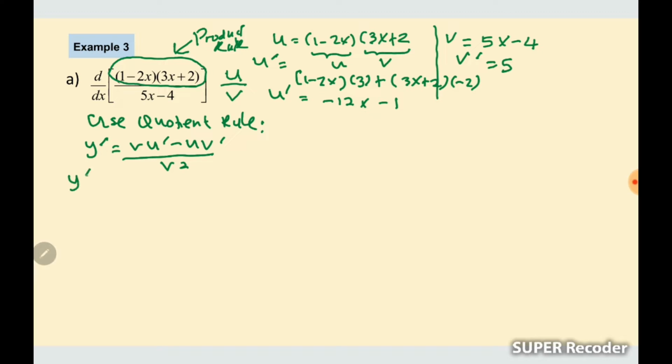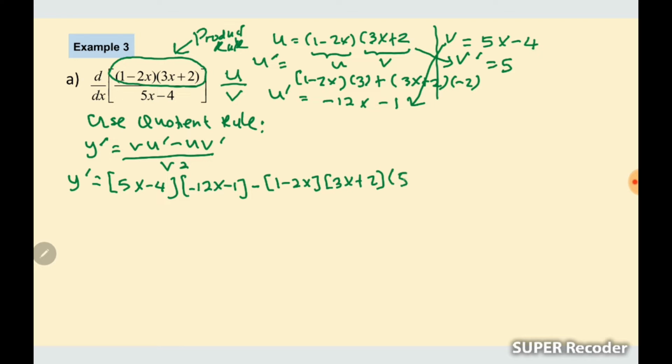Then we get y prime equals v, which is 5x minus 4, multiplied by u prime, negative 12x minus 1, minus u, which is 1 minus 2x multiplied by 3x plus 2, then v prime is 5, over v squared, which is 5x minus 4 squared.